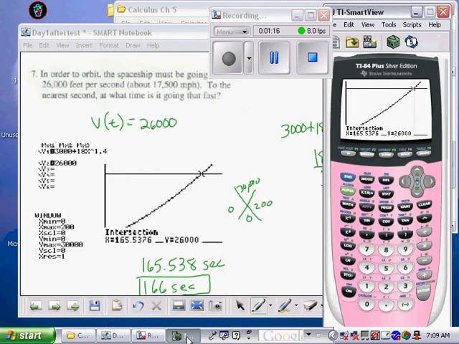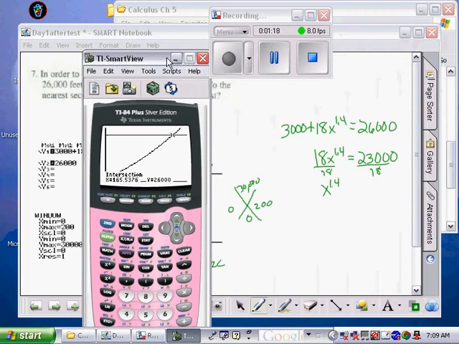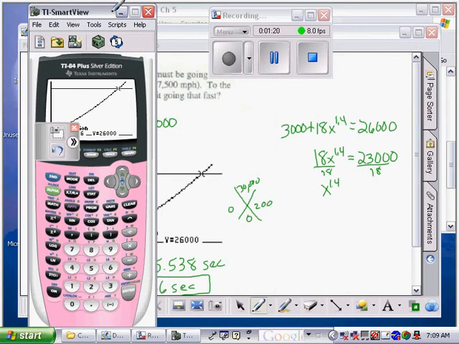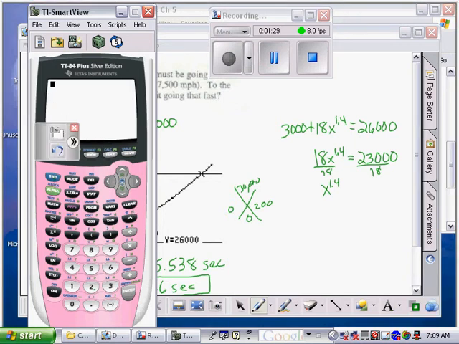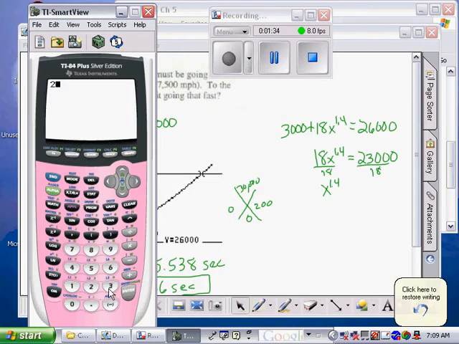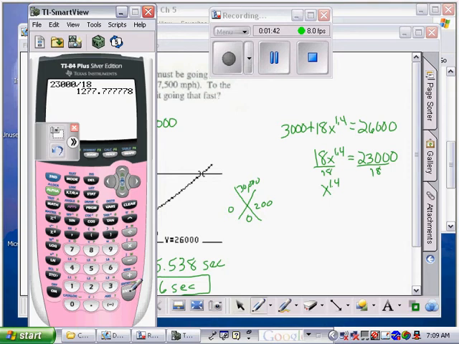I'm going to have to get the calculator for that one. 23,000 divided by 18. So 1,200, I'll bet this won't stay.